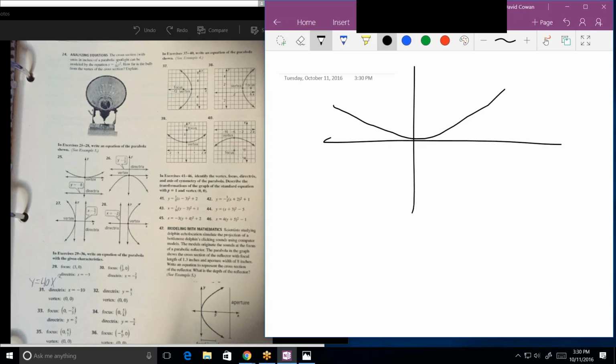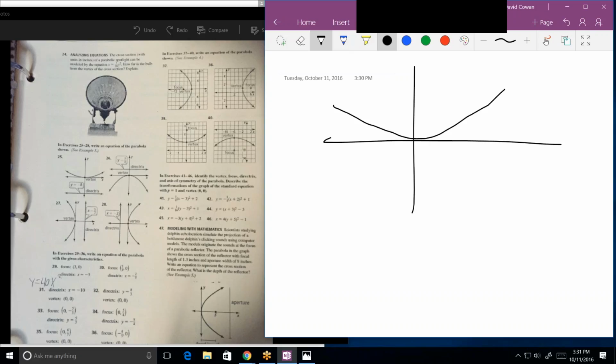If I use the 4p, are you comfortable with that? Yeah. Okay. So first of all, is it of the form y equals x squared, or is it the form x equals y squared? Y equals x squared. Okay. And now let's write the general format for that in terms of p.